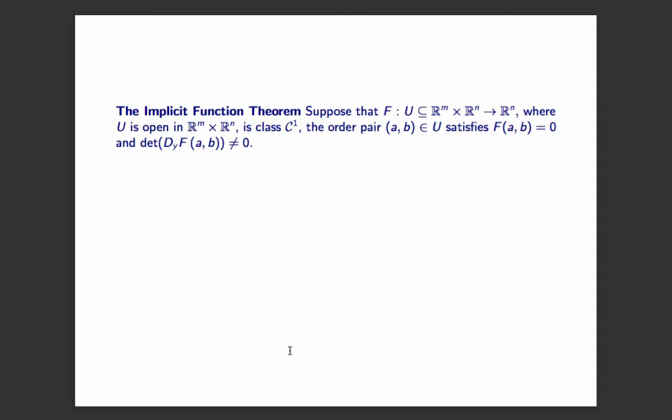Suppose f maps ordered pairs of a vector in R^m and a vector in R^n to R^n, where the domain of f is open, it's class C1, and the particular ordered pair (a, b) is in the domain of f, and f(a, b) is equal to 0, and the derivative with respect to the second argument of f is invertible. In other words, its determinant is non-zero.